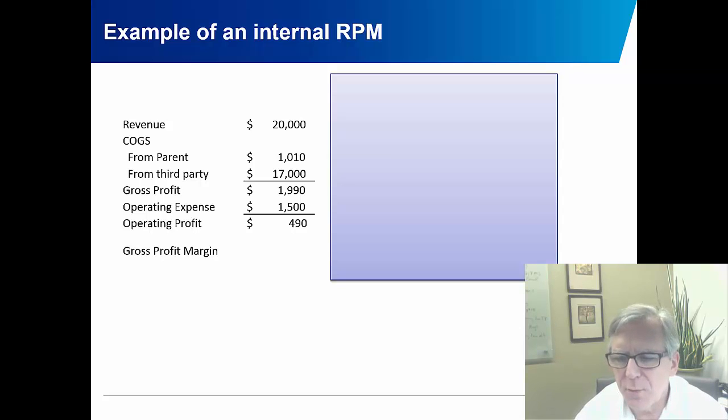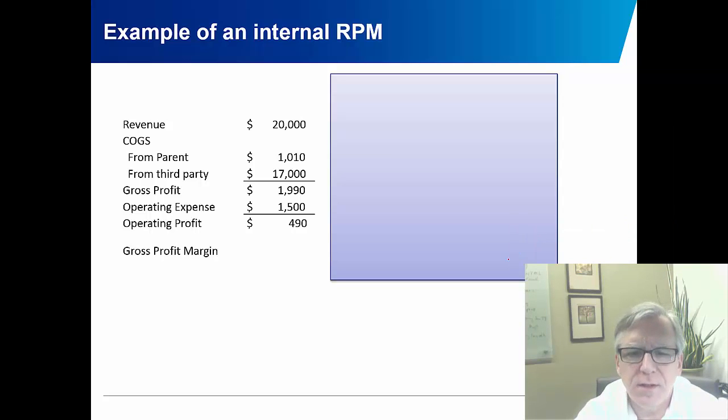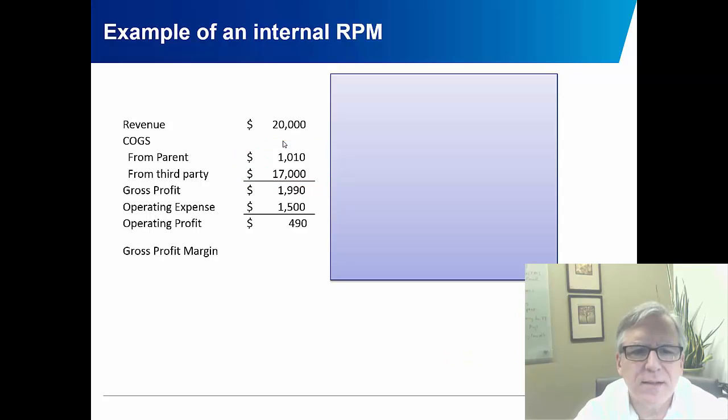And probably the important thing to note here is just how large the third party transactions are relative to the related parties. So I'm just going to quickly circle that. In essence, we have $17 of third-party transactions for every dollar of related party transactions. I just wanted to make sure everybody could notice that, because that's going to be key to our issue here.